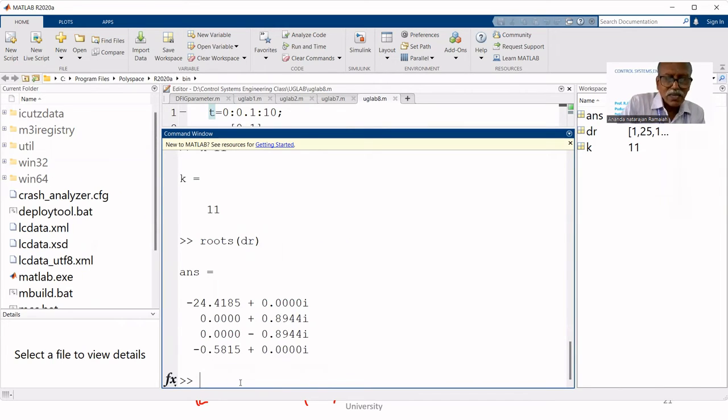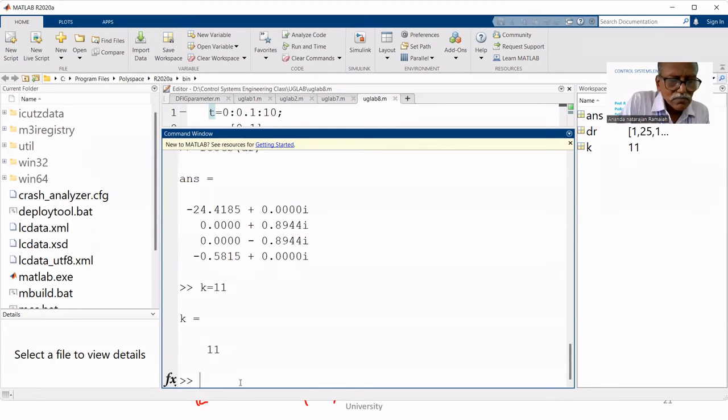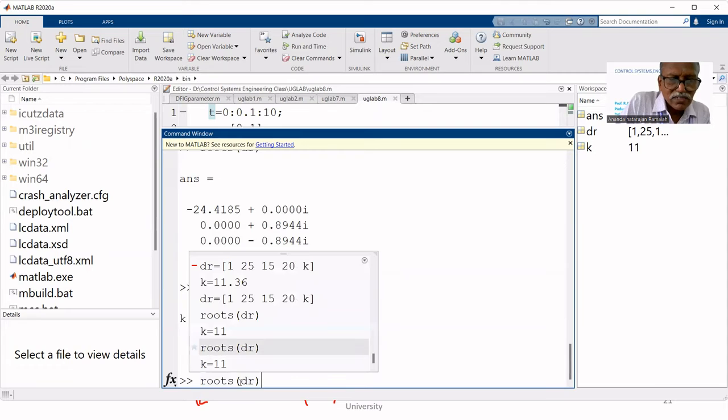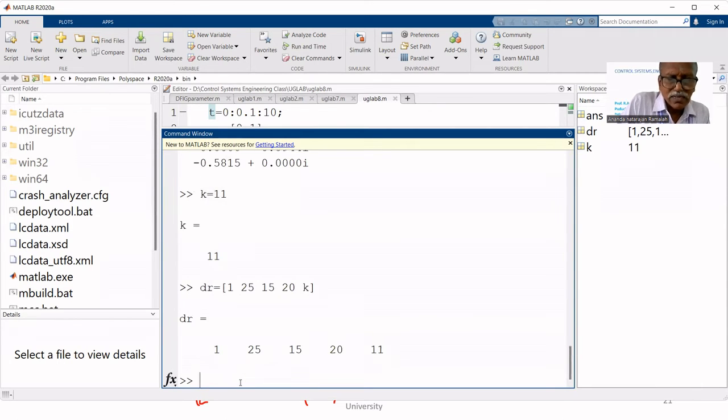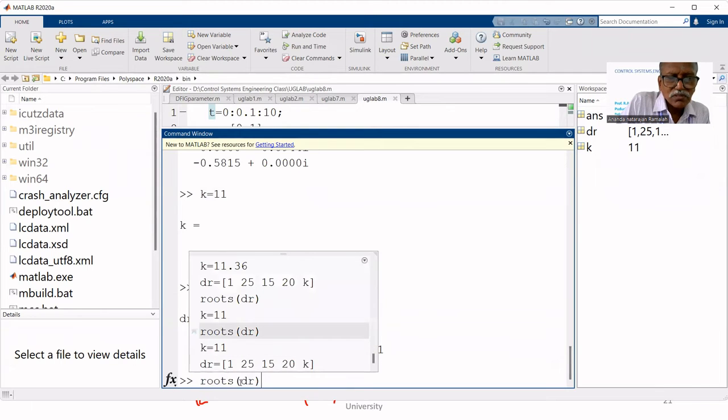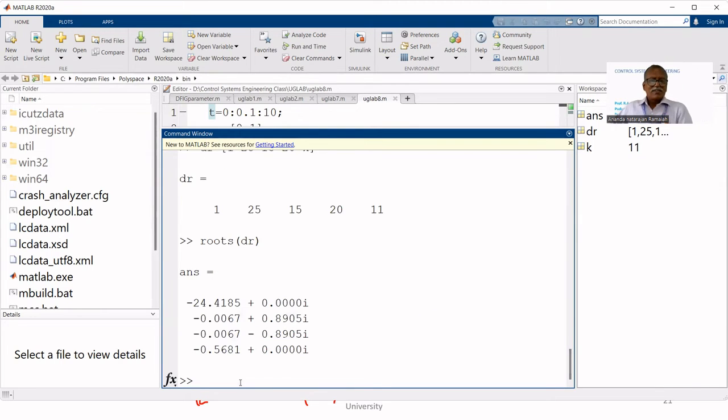We have to run this one time. Now we can find the roots. All poles in the left hand side.